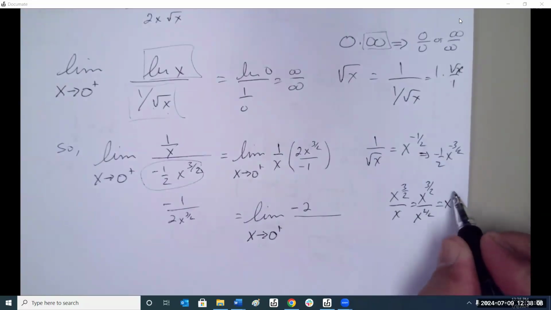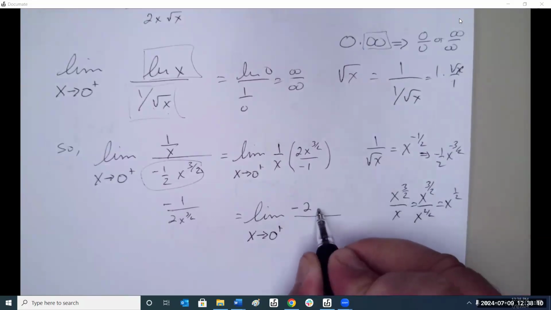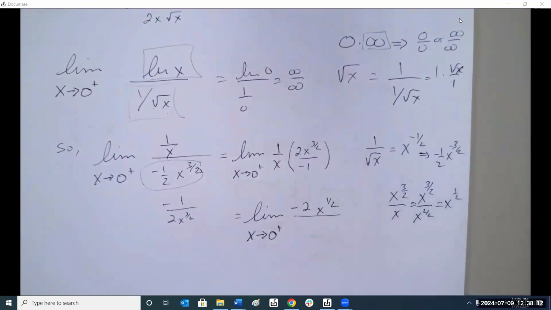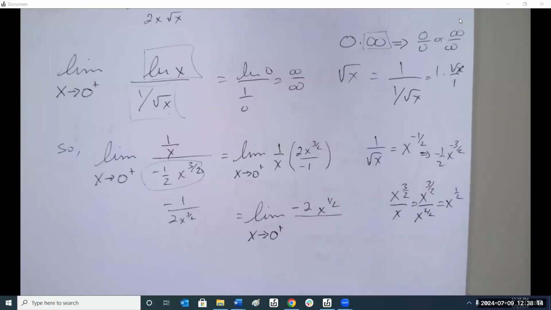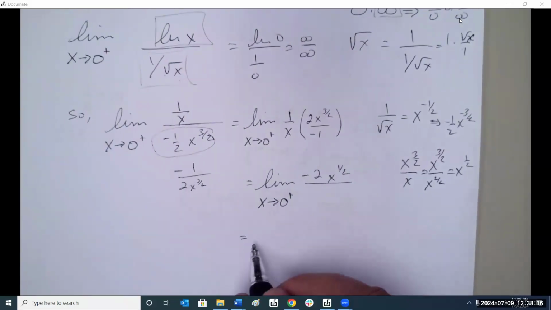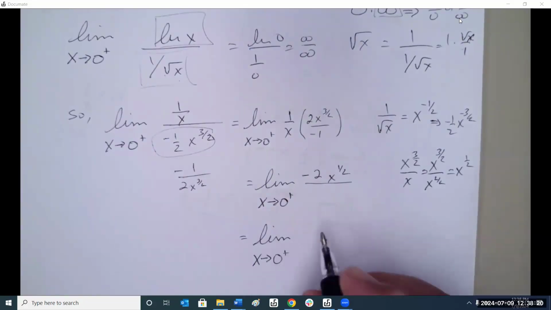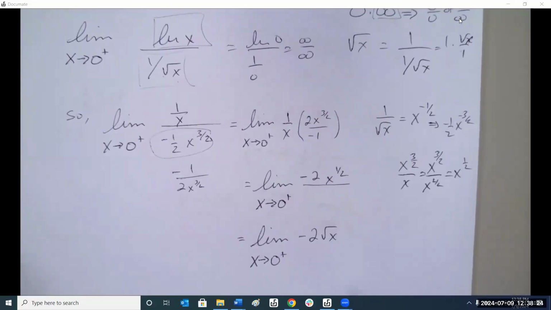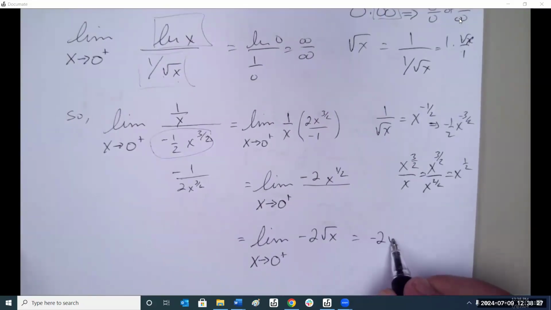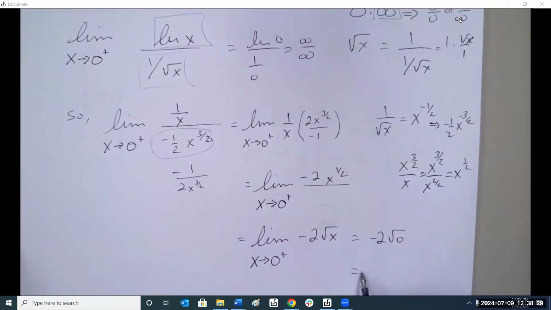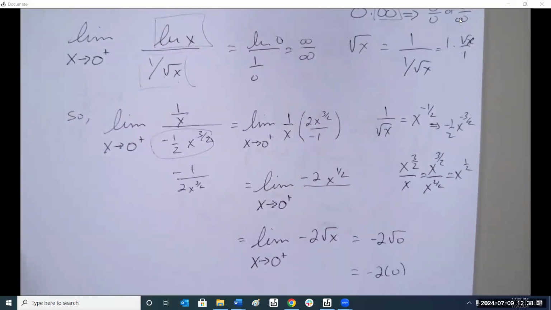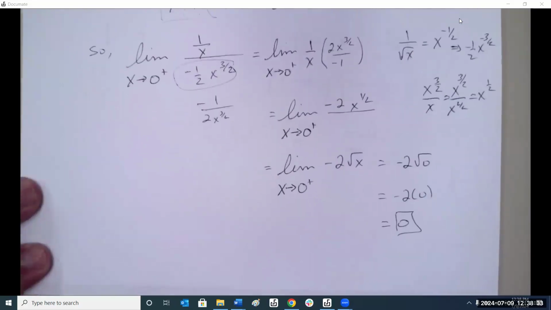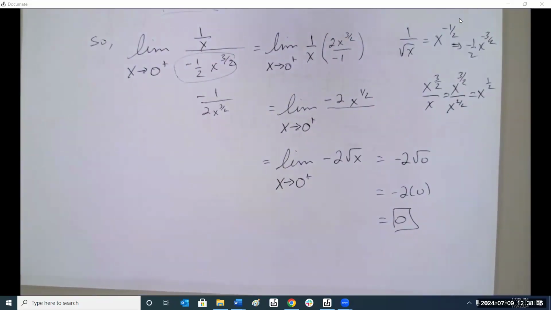Subtract the exponents, we get 1/2 on top. Negative 2 square root of x. Negative 2 times 0. All that for 0, but nothing.